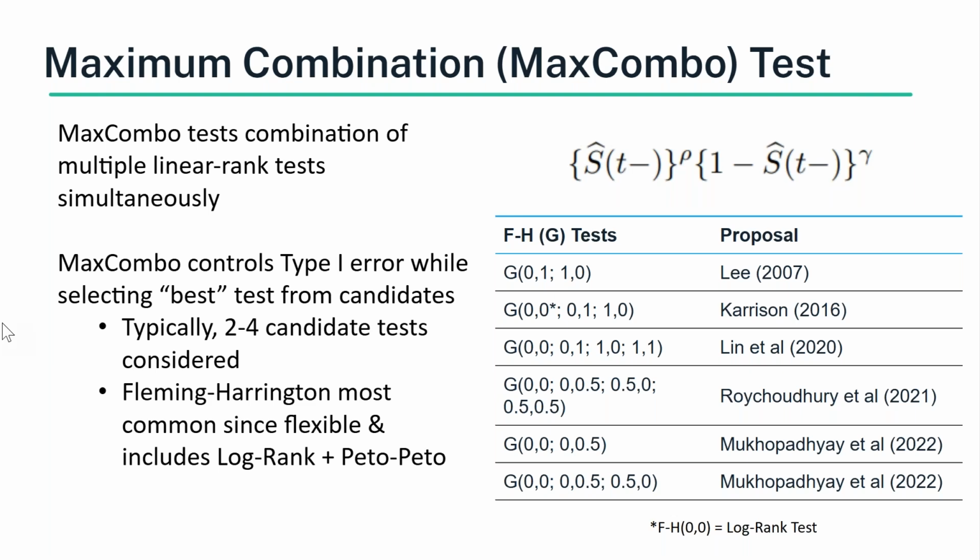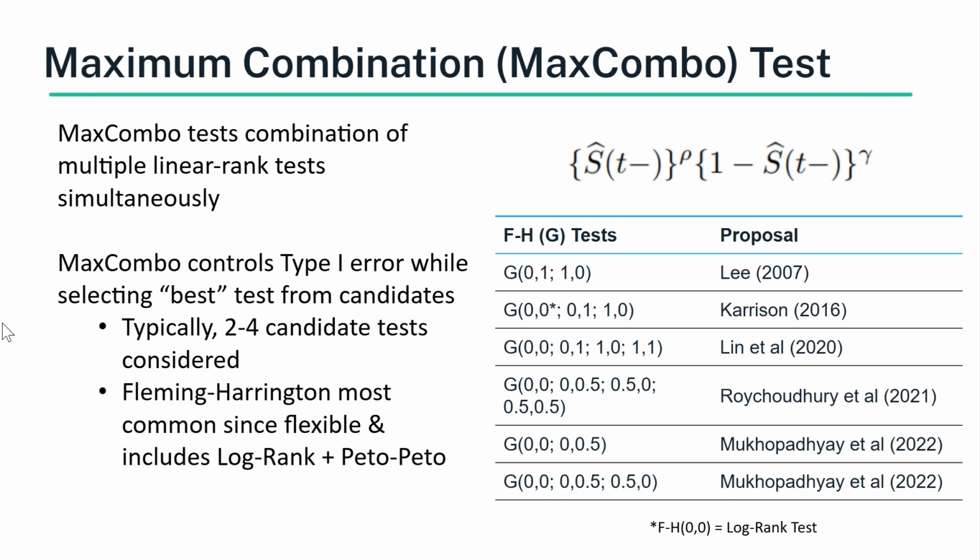Max combo isn't perfect, however. There is criticism of how well it controls the type 1 error rate. There are some cases where it will falsely report significance, even when the treatment is always worse or equal. McGurk's modestly weighted linear rank test is one proposal which may alleviate these issues for the delayed effect scenario.